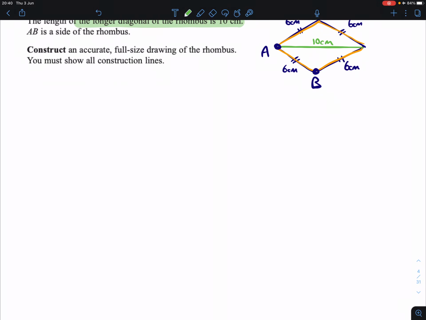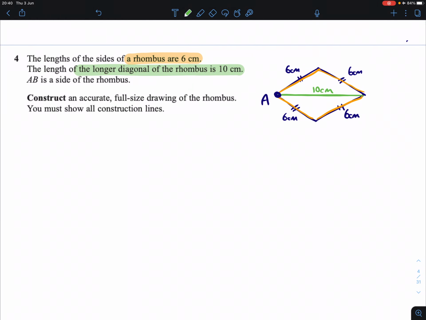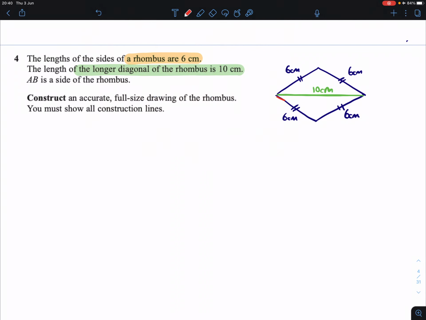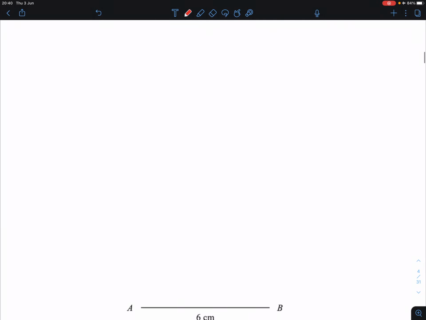Now, with this program, I don't have the tools to make a perfectly accurate sketch. However, I'm going to talk through all the steps that you would take with your pair of compasses and your ruler, and hopefully it will all make sense. So, the first thing we're going to do is just remind ourselves that this is our length that we have here.